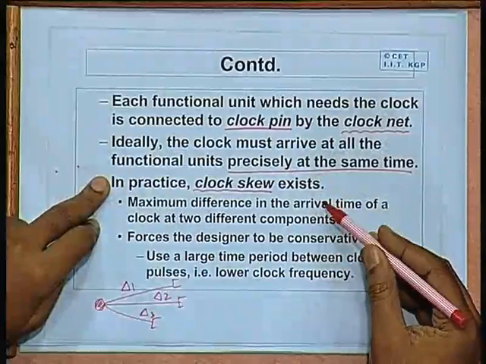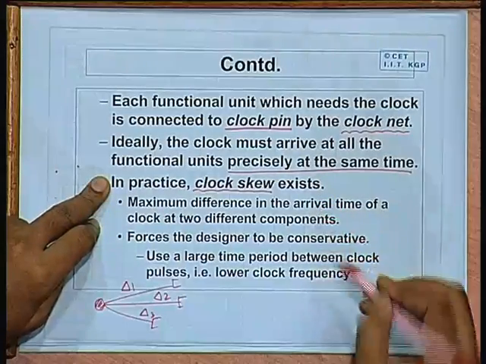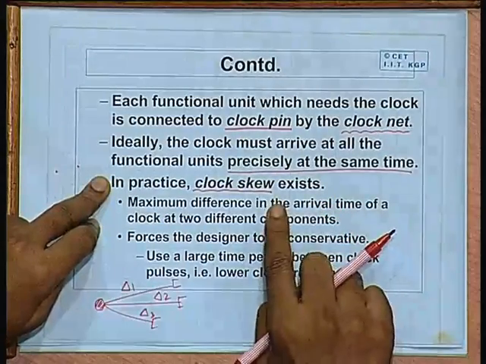So, your effective clock rate will become slower, your clock frequency will go down, because if you try to run the circuit at the maximum possible clock rate, you are ignoring clock skew, you are assuming that all edges come at the same time. But if you say that, well, there is a variation of 1 nanosecond between the two edges, then you must add 1 nanosecond to the clock time period in order to take care of that skew.